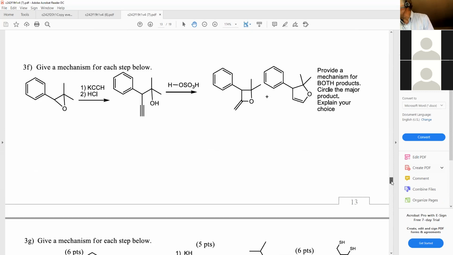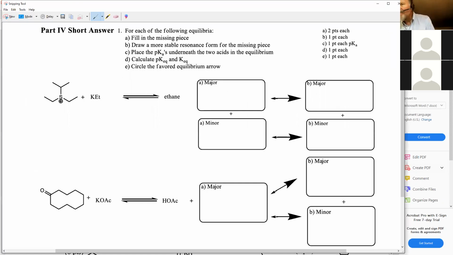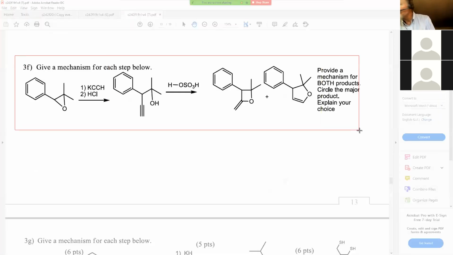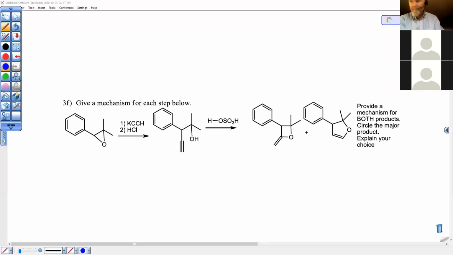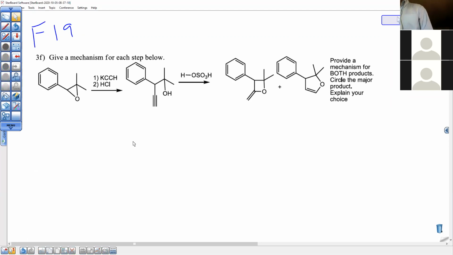Oh yeah, it's a nice one. It's got some old mixed in with some new. Still fall 19. And we have an acetylide ion here.